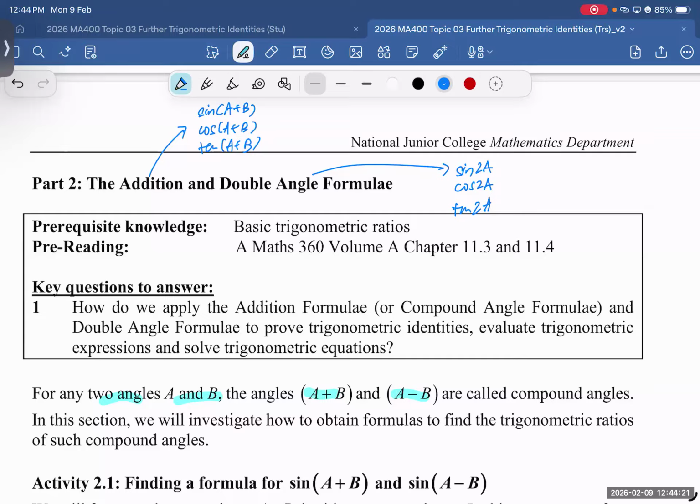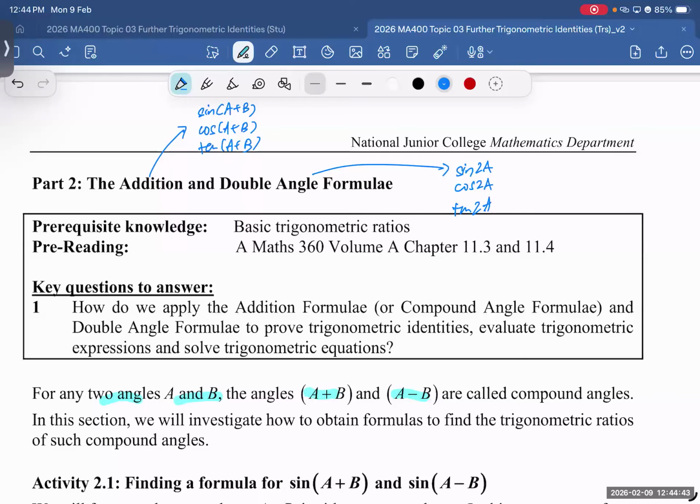Okay, so now I'll write down for you sine A plus B. By the end of today, this is the friend we are going to meet: sine A cos B plus cos A sine B. This is the addition angle formula.